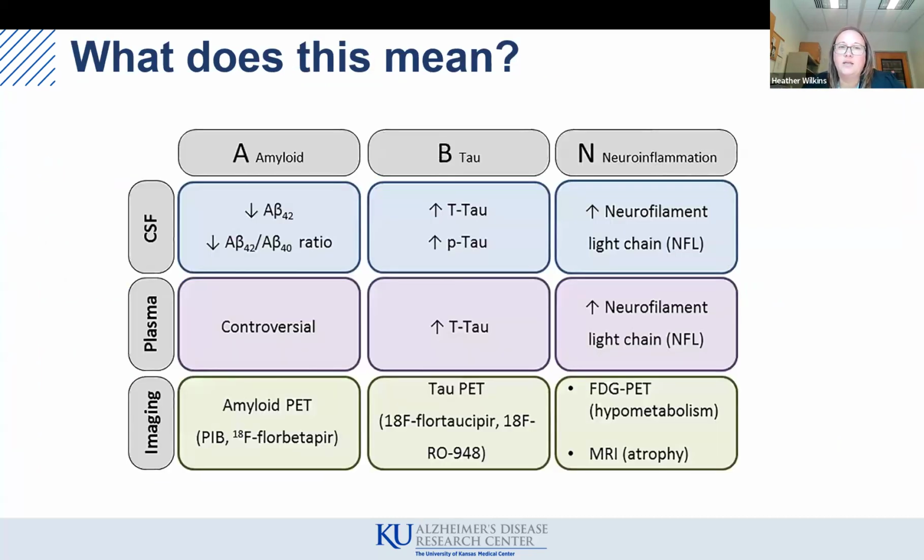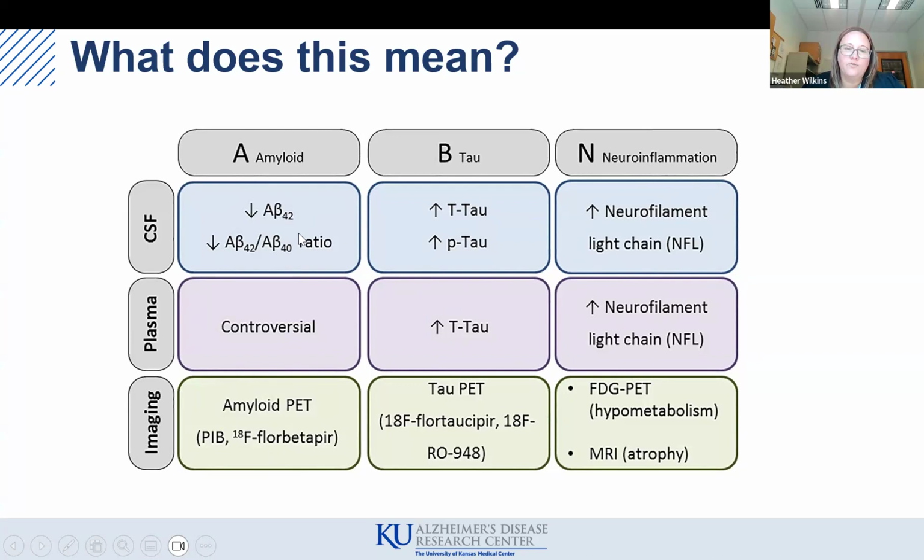So I wanted to finish off, before I answer questions, with what does this mean? I really liked this little cartoon that I found that talks about the three different modes of biomarkers we just talked about: cerebrospinal fluid, plasma, which is also blood, and imaging, and what's available.